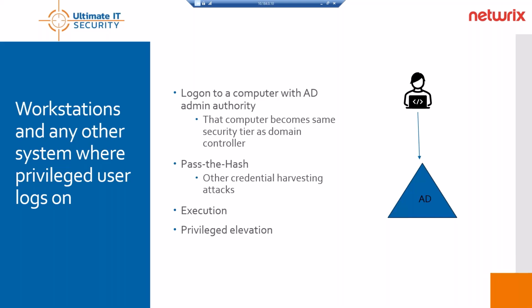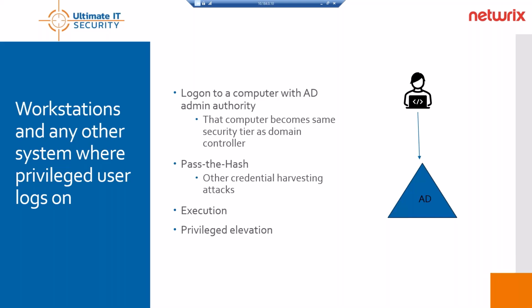And it's workstations where we do that the most, right? So if you are performing those kinds of actions on the same computer where you have logged on in the past or will log on in the future as an admin, then we're really exposing Active Directory to a lot of risk. And that's true even if we're performing those actions under a different account.